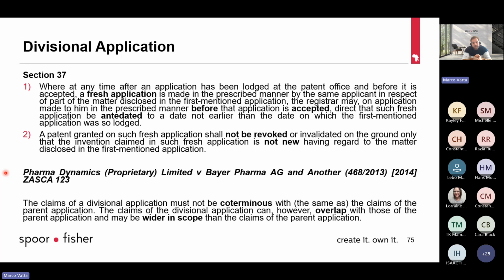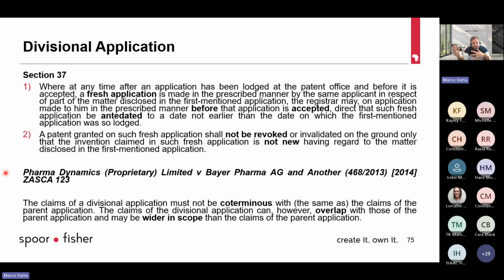But as you now know, a divisional application has to be filed before the parent application is accepted. And the other requirement when filing a divisional application is that it must be antedated. So in the divisional application, you'll submit a request to the registrar to antedate the divisional application to have the same filing date as the parent application, and that ensures that the divisional application still has valid priority claims, so that you don't run into a scenario where there is no valid priority claim.